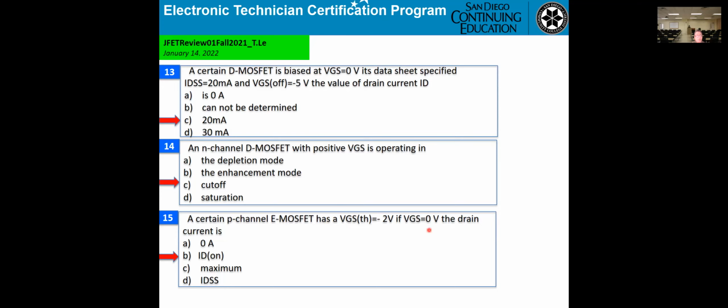If VGS equals 0, then the drain current is, the answer will be ID on. You know the formula to calculate the ID on. And what is the ID on?